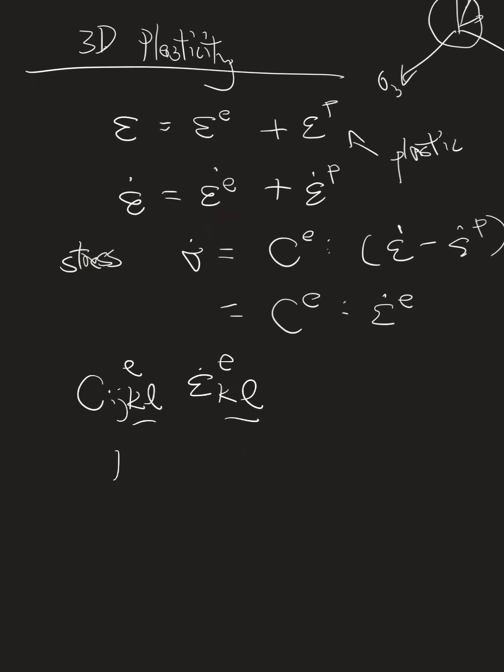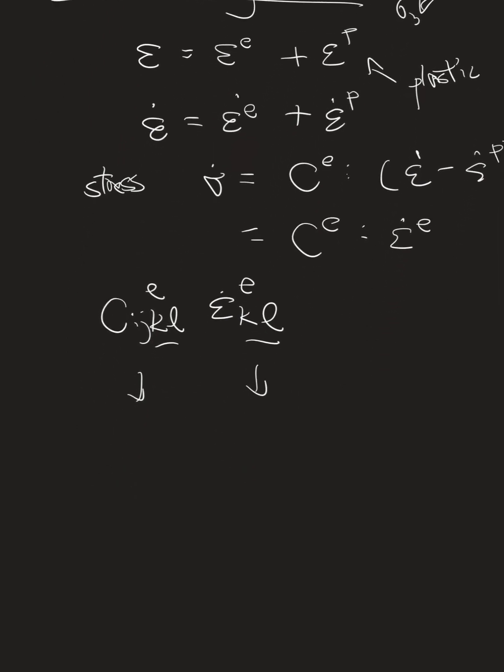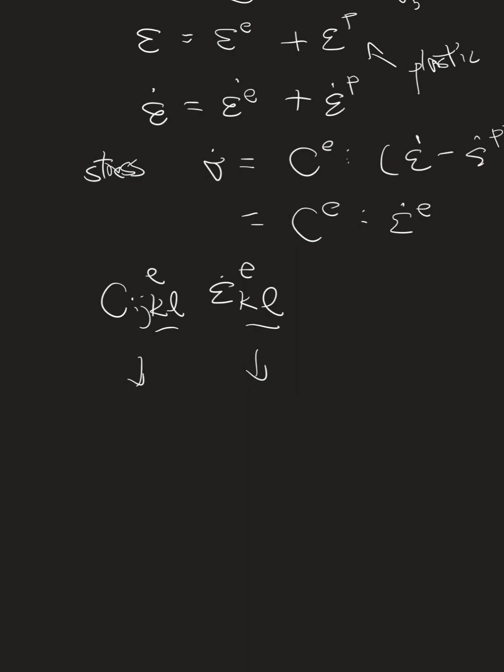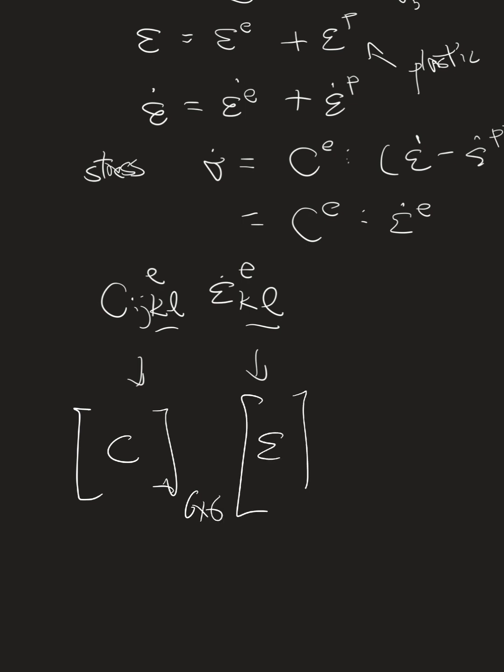And in the undergraduate finite element course, that would lead to a C matrix that is 6 by 6, and a vector that is 6 by 1. This product that is supposed to lead to the stress change would be carried out in a dot product calculation.